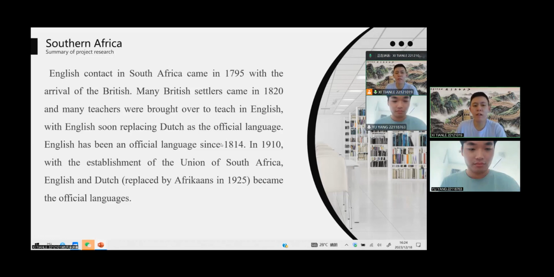English has been an official language since 1814. In 1910, with the establishment of the Union of South Africa, English and Dutch were the official languages, replaced by Afrikaans in 1925.